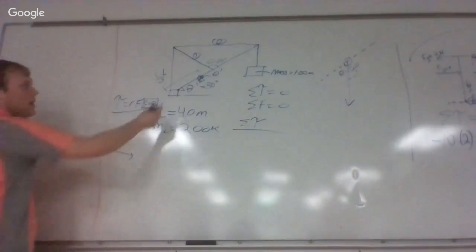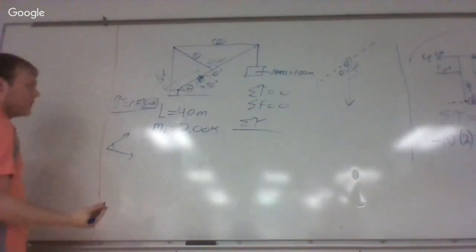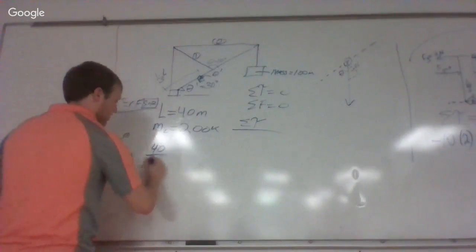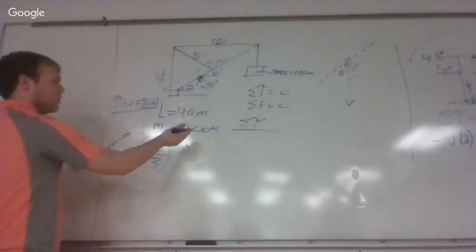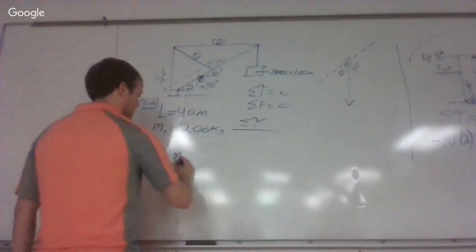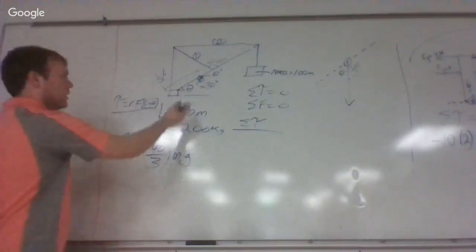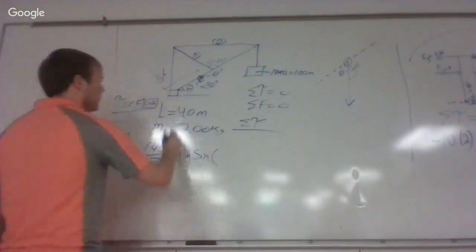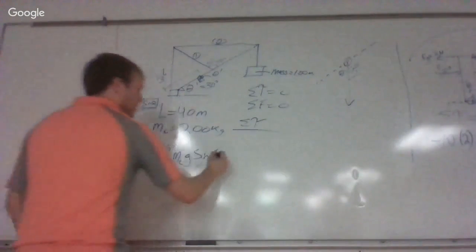So if we do this, we have our mg. First r, the distance r, is 1/3 of L. I told you L is 40, so that's r. The force is mg, so 200 kilograms times g. That's our distance times that, but we need the y component of that, so we're going to use sine theta prime.